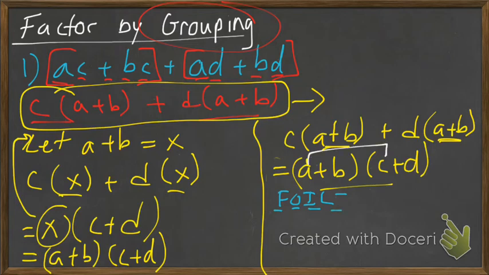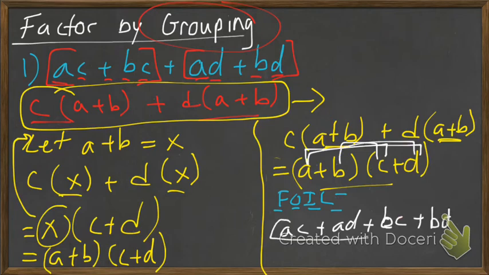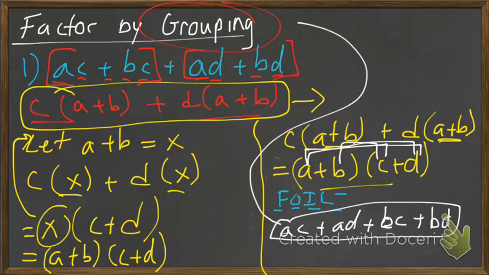So first values, AC plus outside, AD plus BC plus last BD. If we look at this, it should be the same as this here. Maybe it's just rearranged. BD, AD and BC have just been switched, but it's still the exact same function.